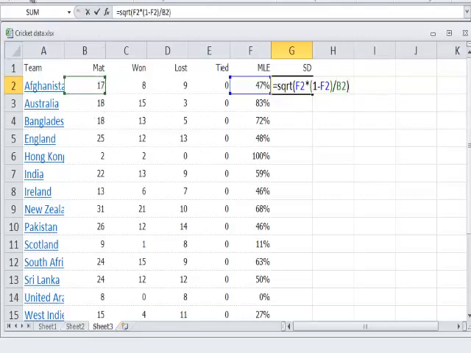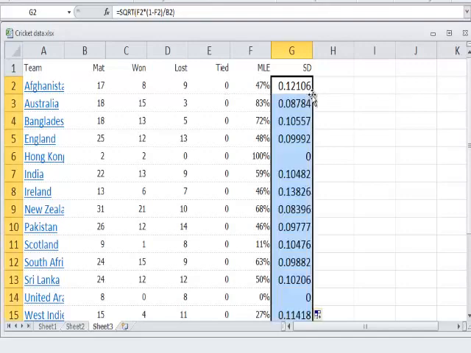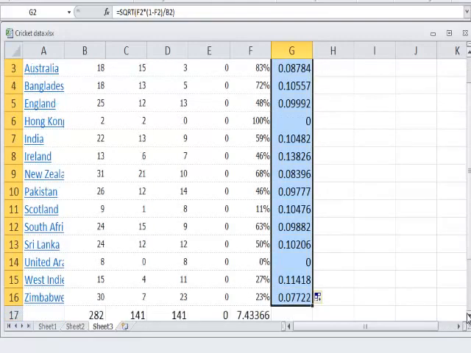So these are the variances, the standard deviations, and as you can see, what I've been telling is there's not that much difference.